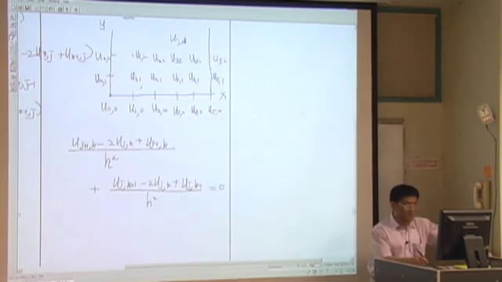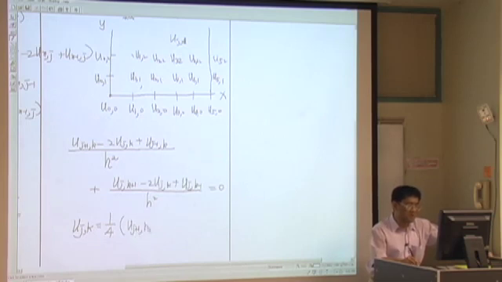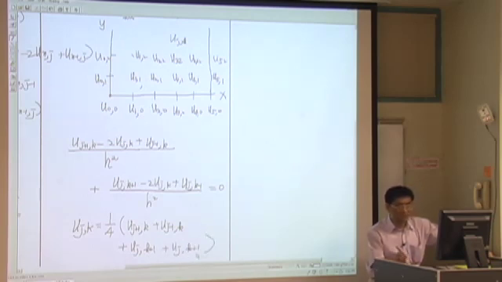And ujk equals 1/4 times u j plus 1,k, u j minus 1,k, plus u j,k plus 1, and u j,k minus 1. And then if I sketch the stencil, it looks like this.